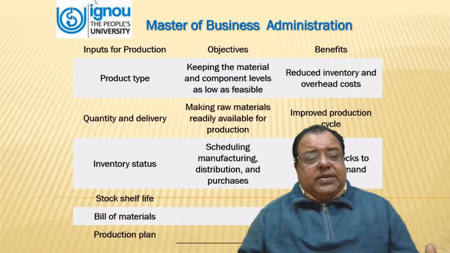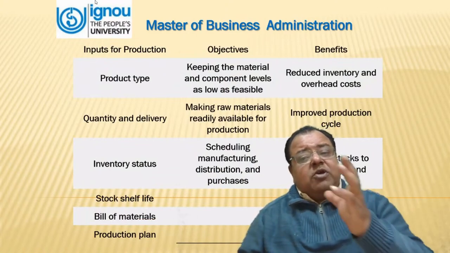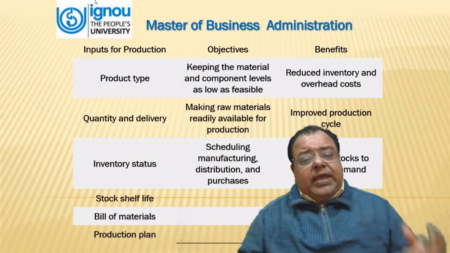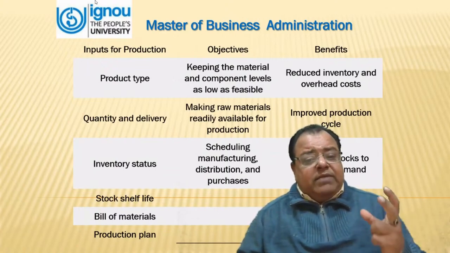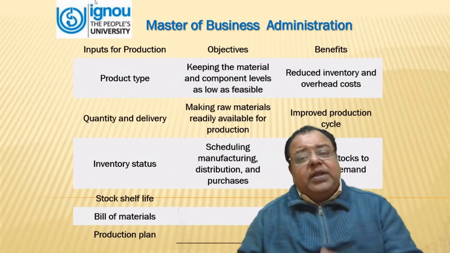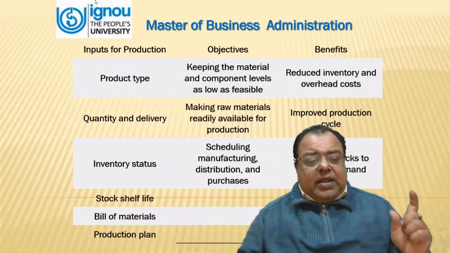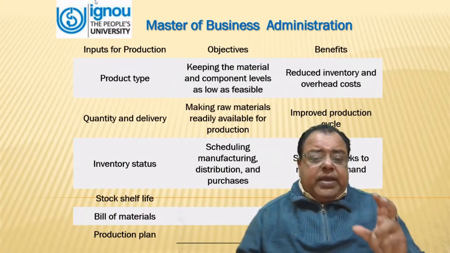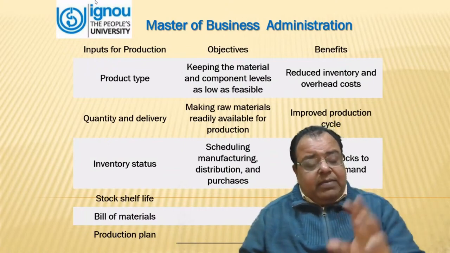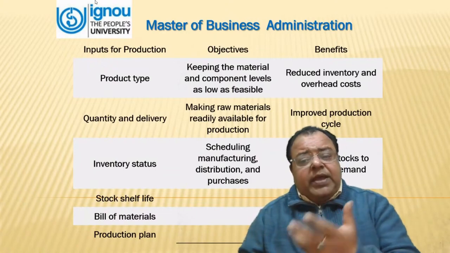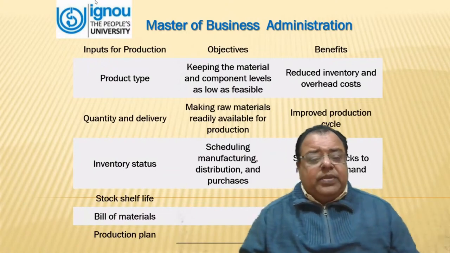How the comparison with the input for production, its objectives and benefits are there. If we talk about product type, keeping the material and components level as low as feasible. The benefits will be reduced inventory and overhead costs. Quantity and delivery, making raw materials readily available for production. And for that, the benefit will be improved production cycle.